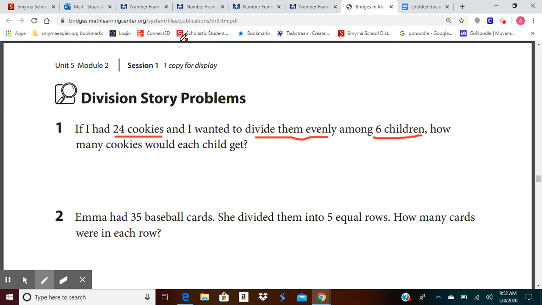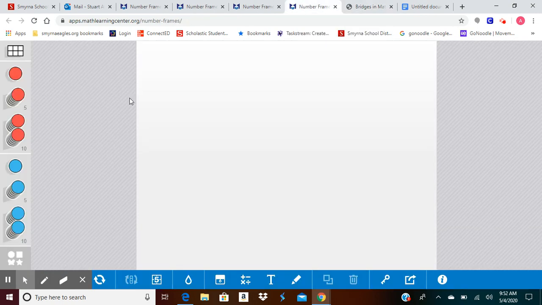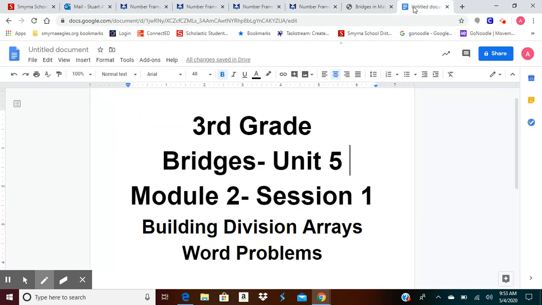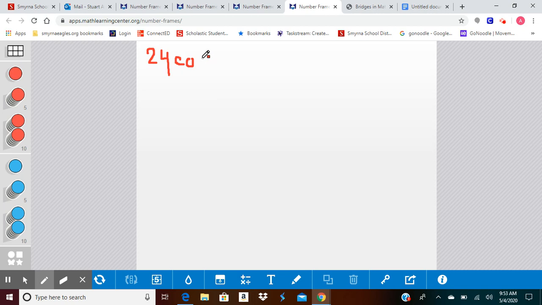So let's go to our frames, because you know I love these. And I'm going to write in my nicest that I have 24 cookies.